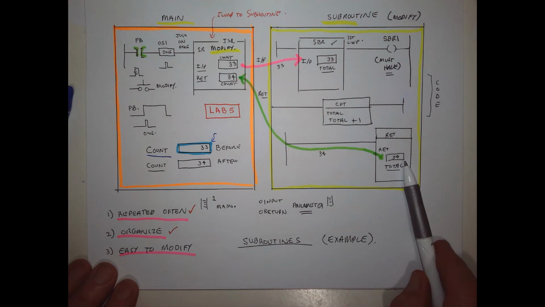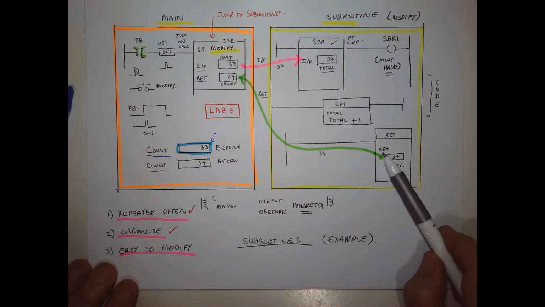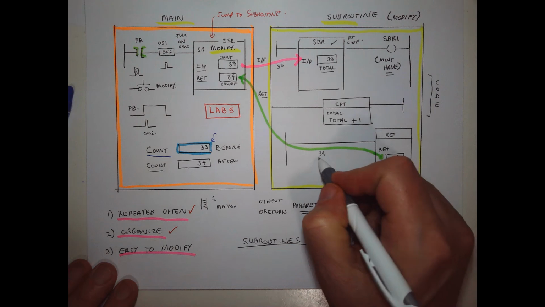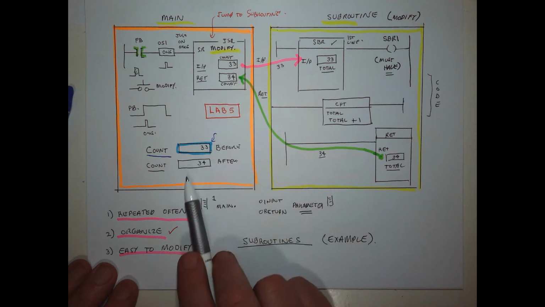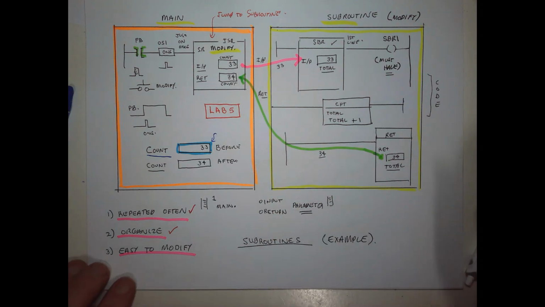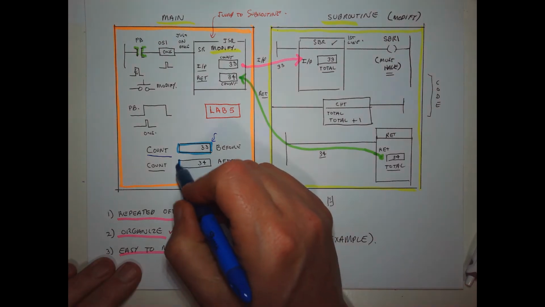And 34 is stored in the return parameter area so that when my subroutine is completed, it automatically moves that 34 back to the return parameter of the subroutine. And now in my main program, the new value that's returned is 34.